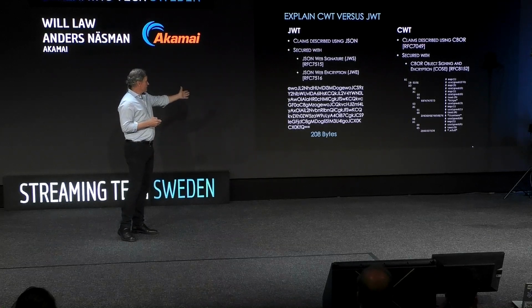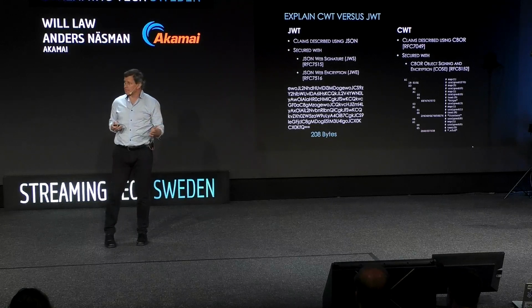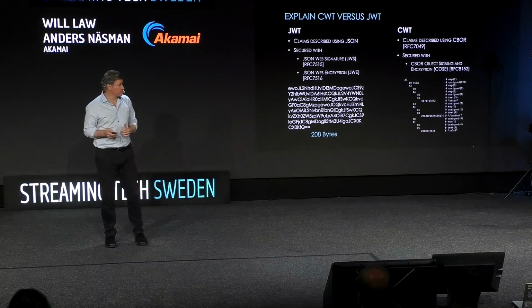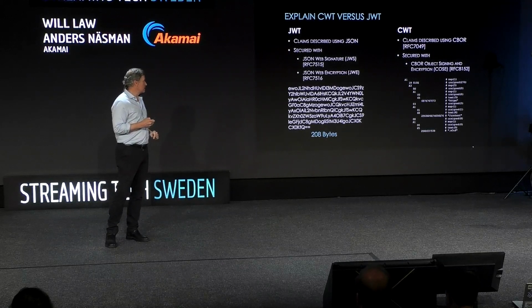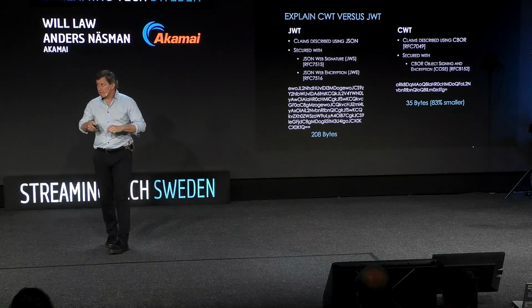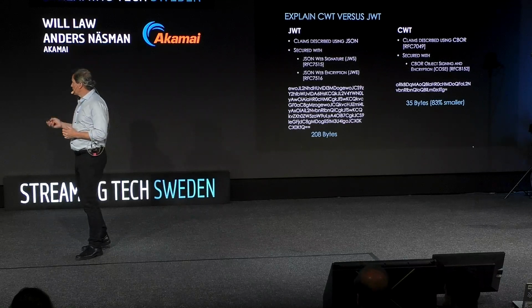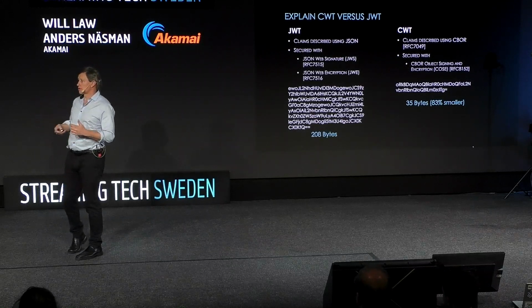If I turn the left-hand side, the JSON, into base64, which is how these tokens are often transmitted, or almost universally transmitted on the web, 208 bytes. If I do the same with my CBOR, 35 bytes for the same set of claims. So that's why Common Access Token uses CBOR. We want to be smaller across the wire, especially for audio streams. We don't want a large penalty carrying a very big token.